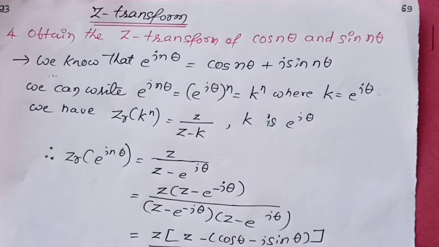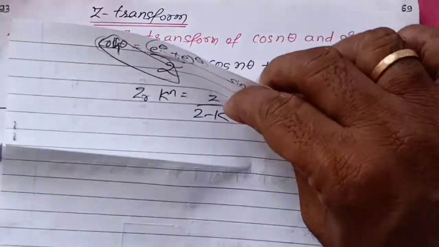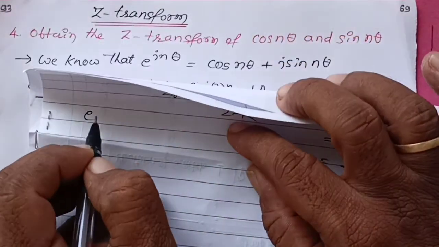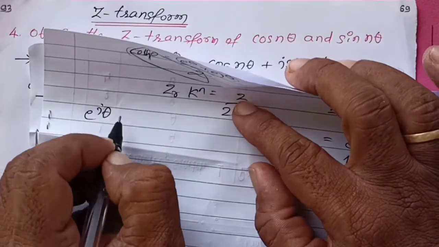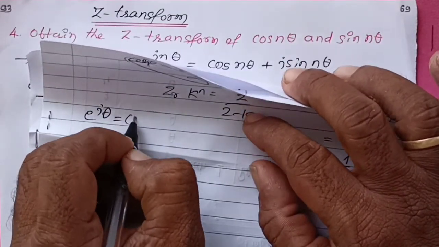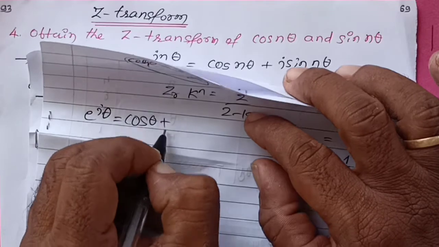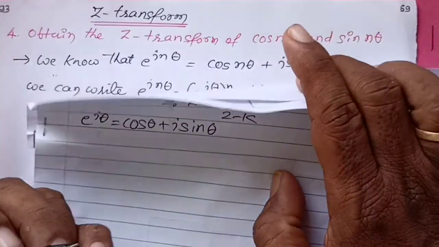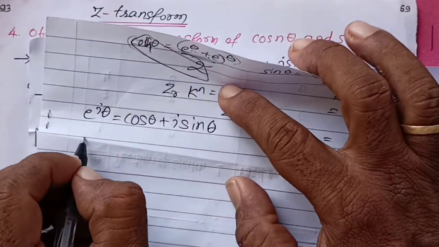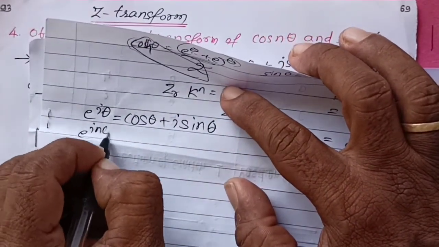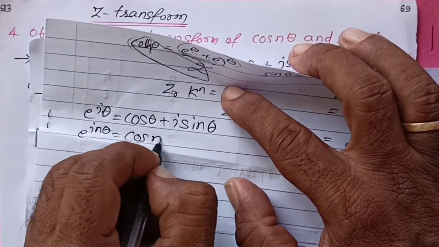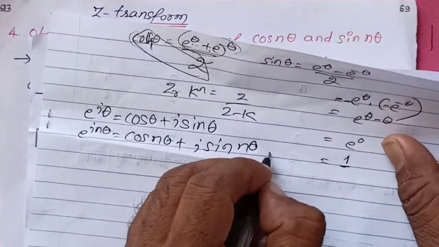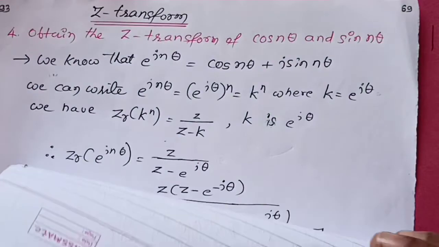So the actual formula is e raised to i theta equals cos theta plus i sin theta. So here n is there, so e raised to i n theta is cos n theta plus i sin n theta. So you can write like this.